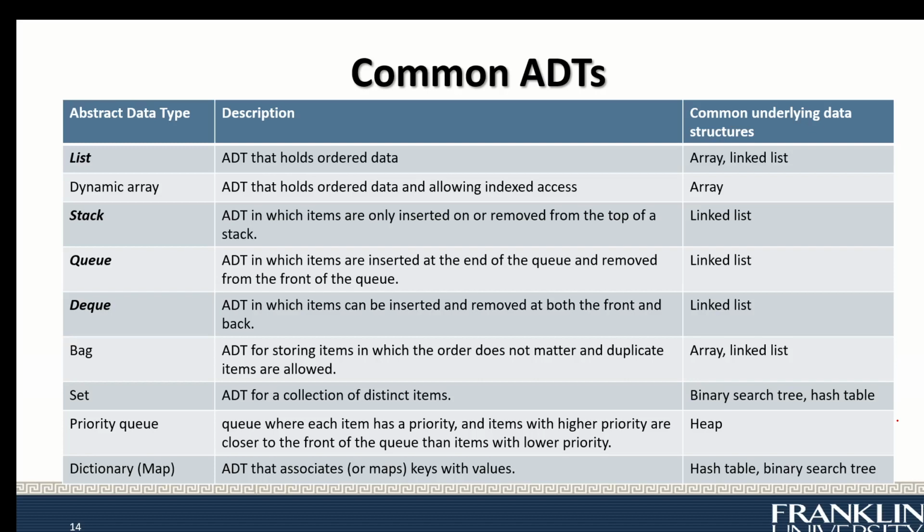Queue is an ADT in which items are inserted at the end and removed at the front of the queue. This is very similar to a checkout line. Deque is an ADT in which items can be inserted and removed at either end, either the front or the rear. Then there are bag, set, priority queue, and dictionary. We will learn these in future courses.